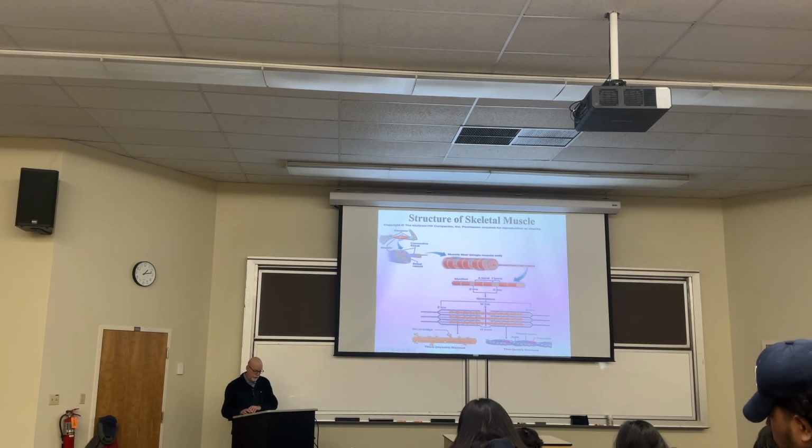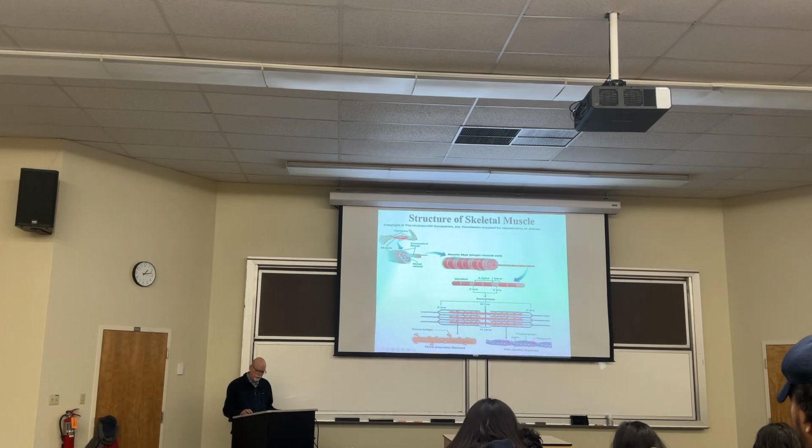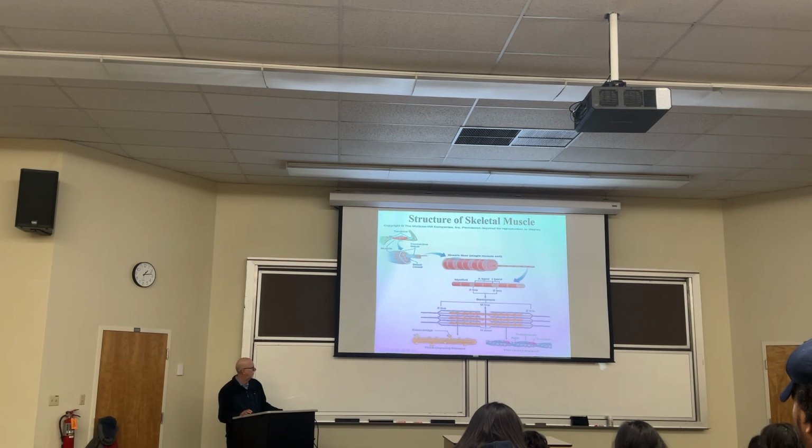If we blow the actin up a bit, we can see that this little blue ribbon here, that's tropomyosin, and the little pinkish in the diagram is troponin. Tropomyosin and troponin are going to block binding sites on the actin where these cross bridges of myosin would like to bind.